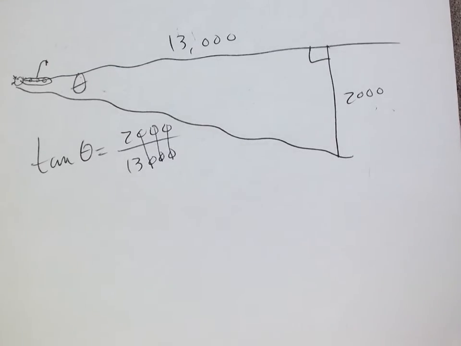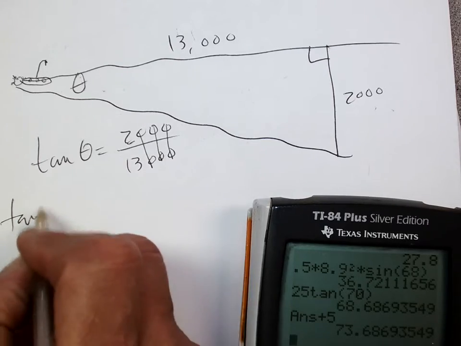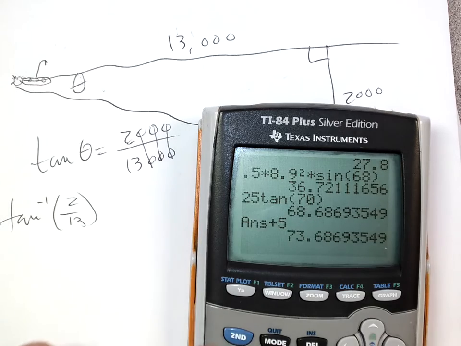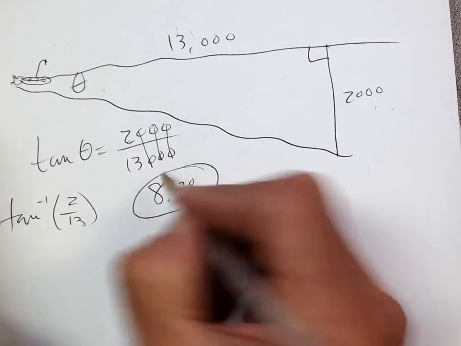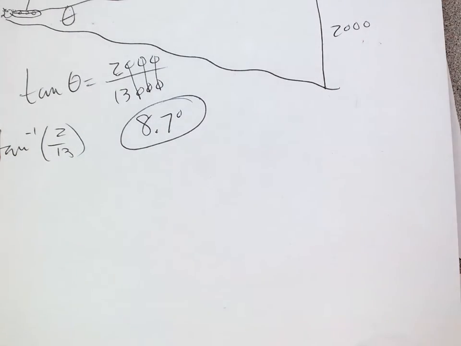Cancel all those zeros, right? So what is tan inverse of 2 over 13? I don't know. Tan inverse of 2 divided by 13. It's about 8.7 degrees, right? Okay, that's all I have for you, right?